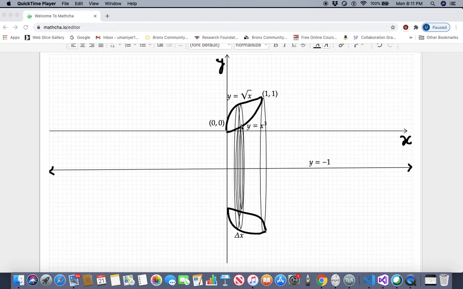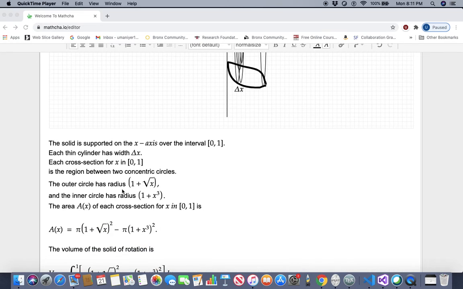Whereas for the inner circle it is 1 plus x to the third. So the outer circle has radius 1 plus square root x, the inner circle has radius 1 plus x to the third. So the area of each cross section is outer circle area minus inner circle area.